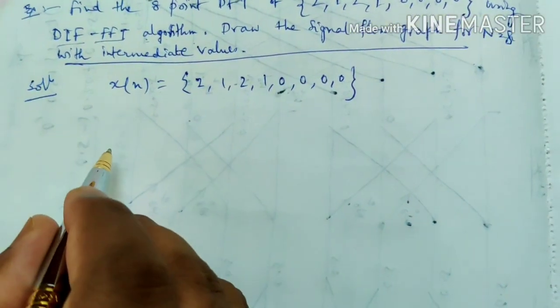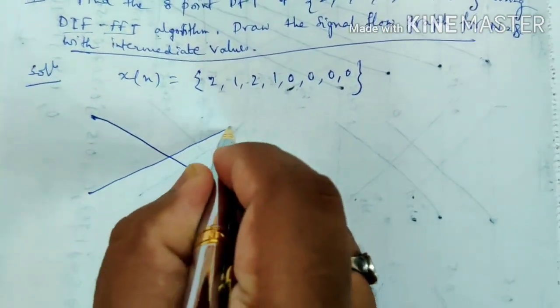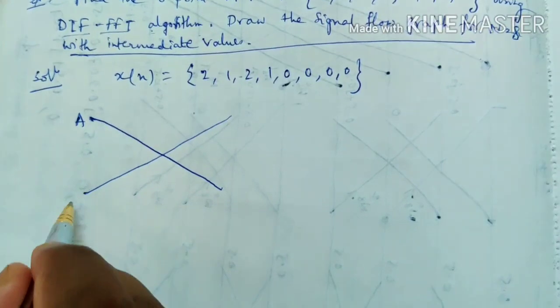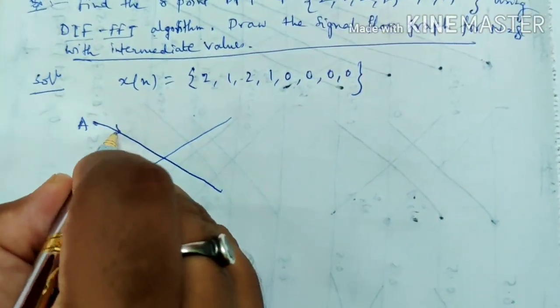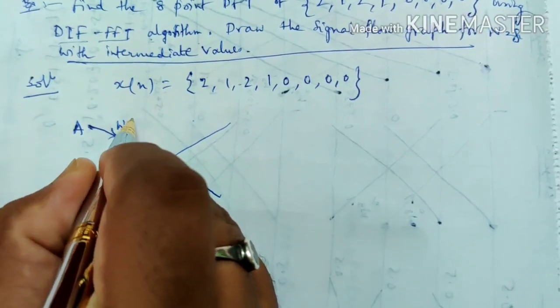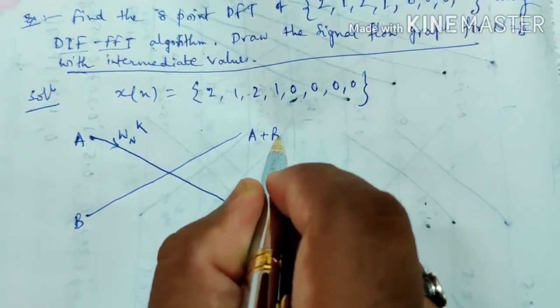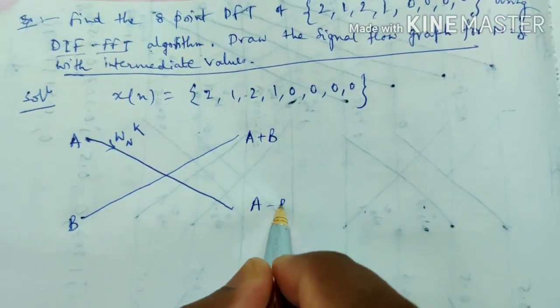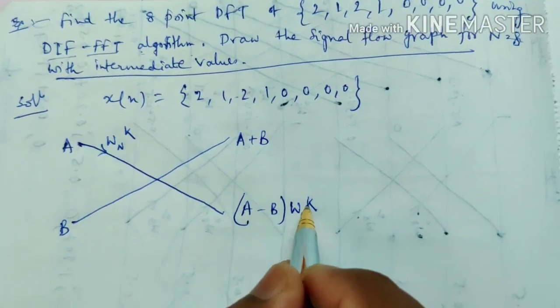In the DIF algorithm, the basic butterfly operation, if this is considered as A and this is B, will give A plus B, and A minus B multiplied with the twiddle factor omega N^k.